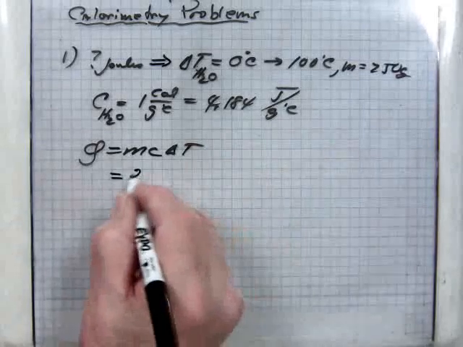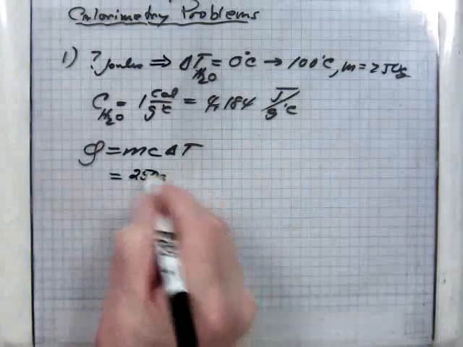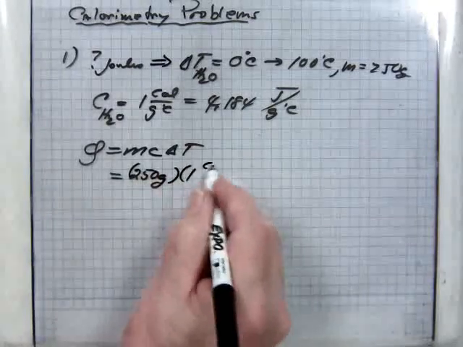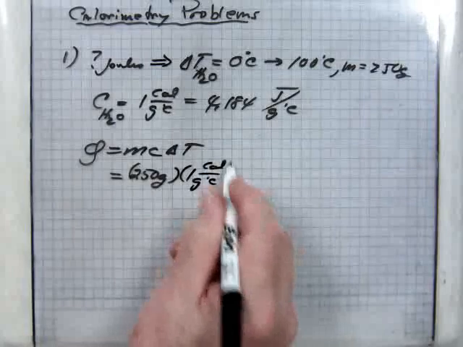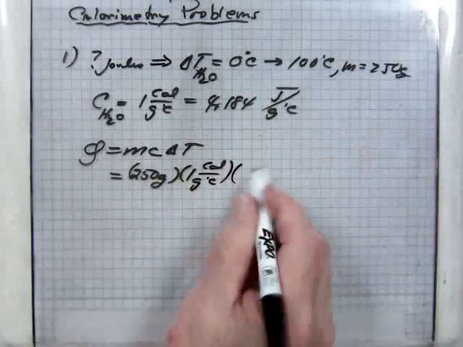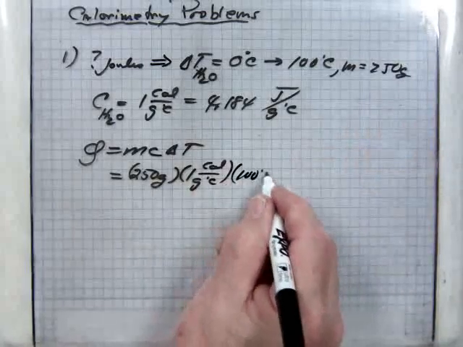So we got 250 grams times 1 calorie per gram degree Celsius. I like to work it in calories because it's simpler. And then multiply by 100 degrees C, that's the temperature change.